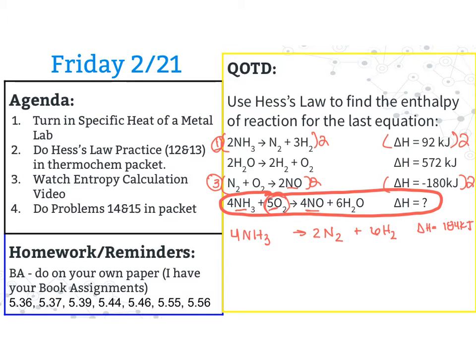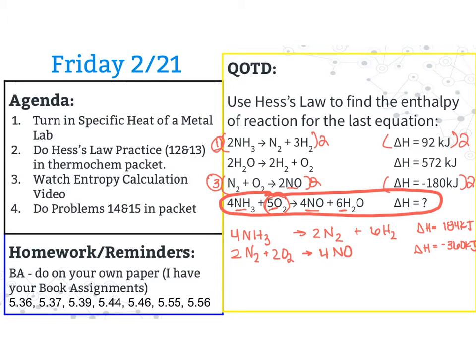So I've got 2 N2s plus 2 O2s gives me 4 NOs. And when I double that is negative 360 kilojoules.